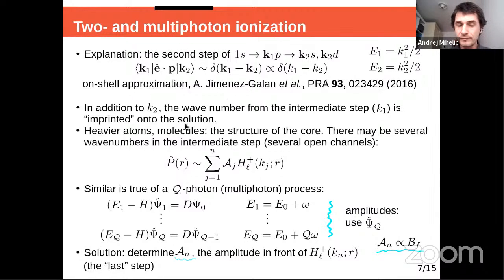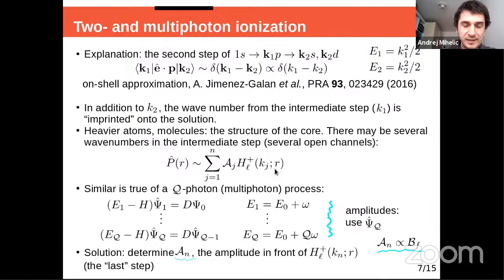Now, in heavier atoms, for example, several channels can be open in the intermediate step. This means that several different wave numbers can be imprinted onto the final state solution, the second order solution.